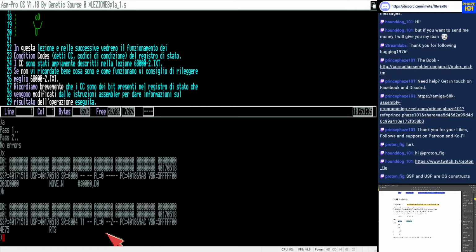Now, as I said in the last stream, this part of the book, I wish it was done earlier. Fabio realized that he missed this part in explaining the condition code flags, or register if you call the lower 8 bits of the status register, and he decided to use the course of somebody else that helped him out.